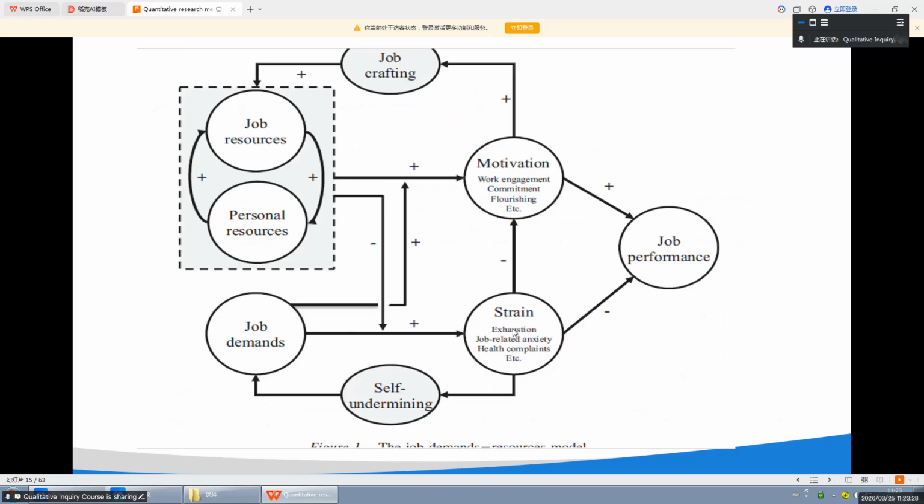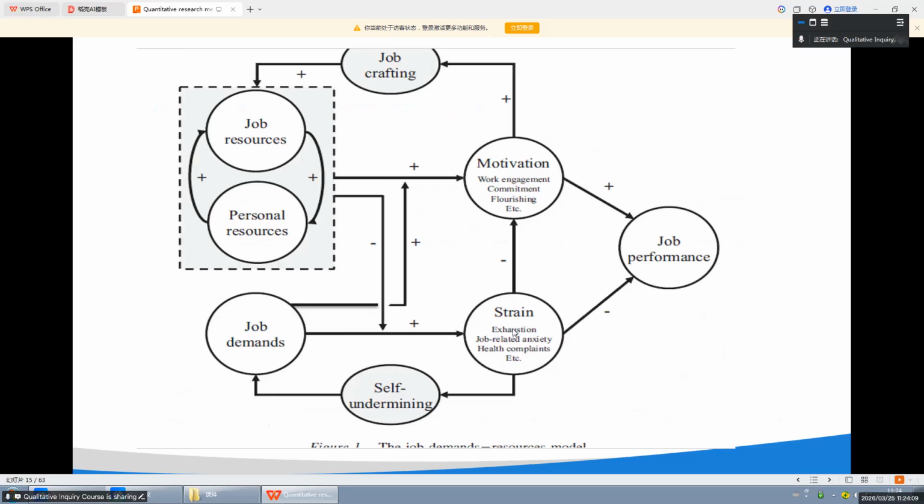For another example, optimism. This is your personal strength, your personal value. All of them are personal resources. So they divide resources into job resources and personal resources, and they function similarly, leading to activating the motivational process. So now you understand most of the framework.